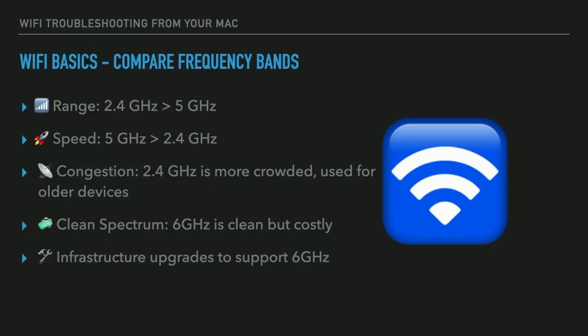But the APs are a lot more expensive. Plus, you've got some infrastructure upgrades that are going to have to happen, right? So a lot of those are going to run on 2.5 gigabit Ethernet or 10 gigabit Ethernet. And then you may need PoE++.